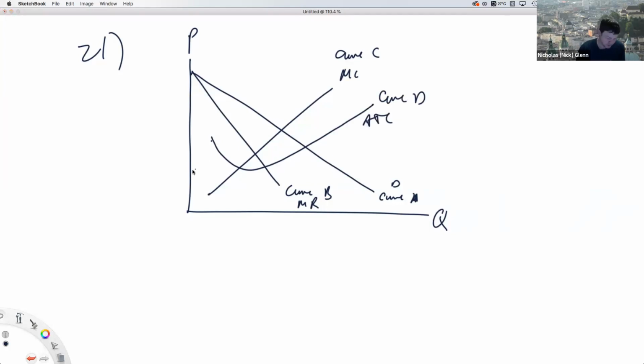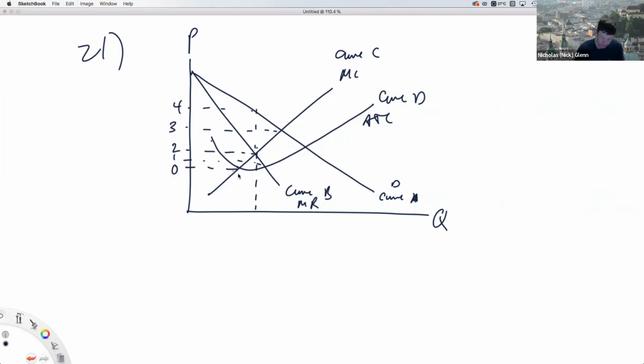And let's put some prices here. Price 0, price 1, price 2, price 3, and price 4.